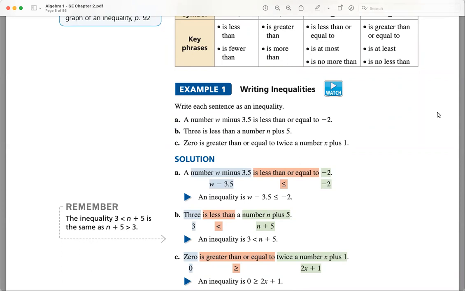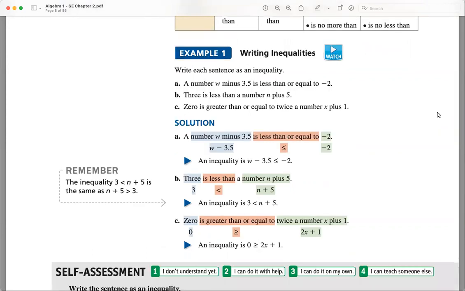Is has a few words after that now denote or mean that it's going to be an inequality, okay? So the book does a beautiful job of highlighting it in a different color. So is less than or equal to is your inequality. That splits that inequality into two parts. Once you know that part, then to the left, you translate, and then to the right, you translate.